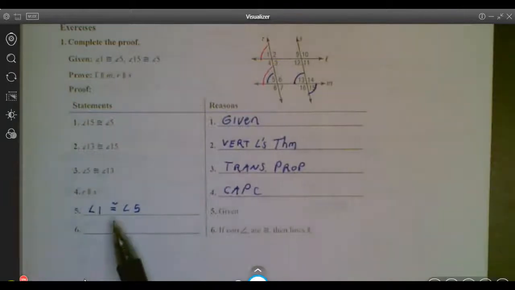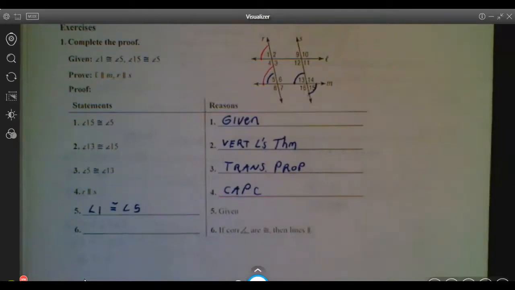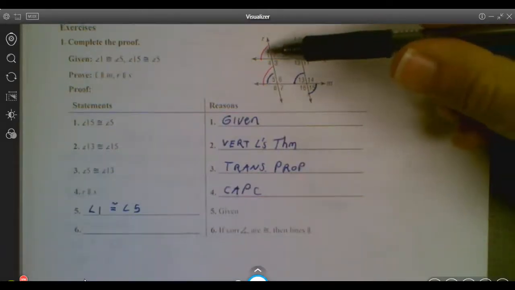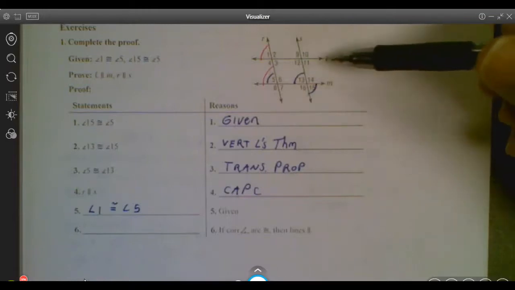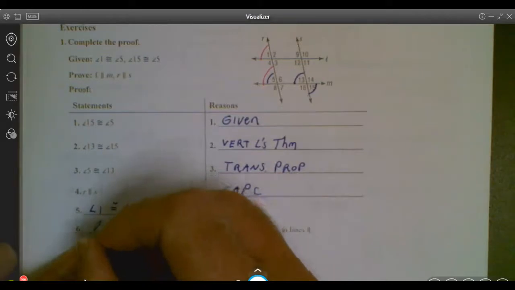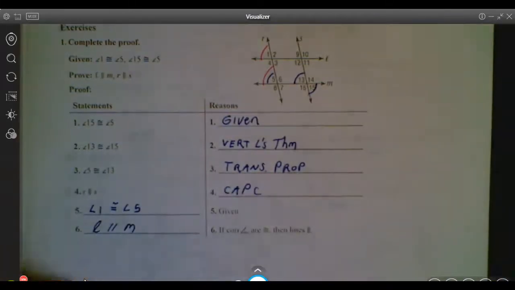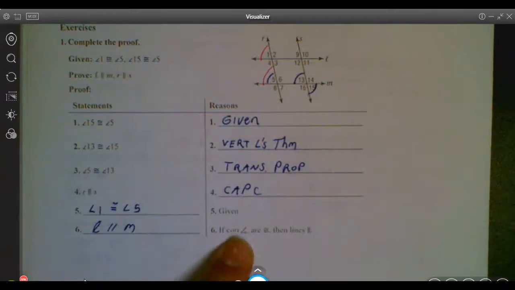So that was given information. So if angles 1 and 5 are congruent to each other, what else would we know? Well, notice that these are both connected to L and M. So now we can say line L is parallel to line M because the corresponding angles are congruent.